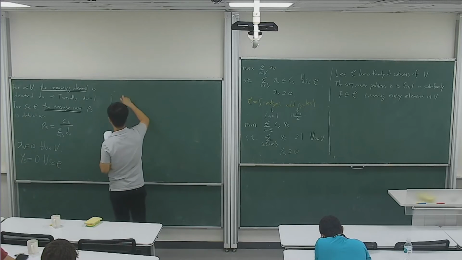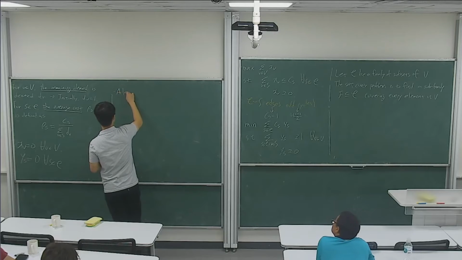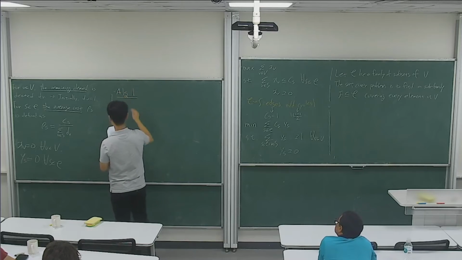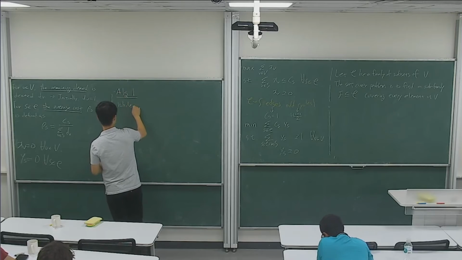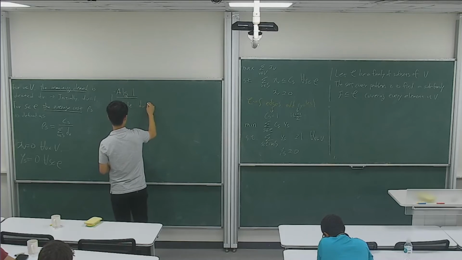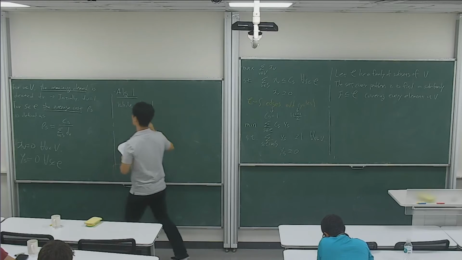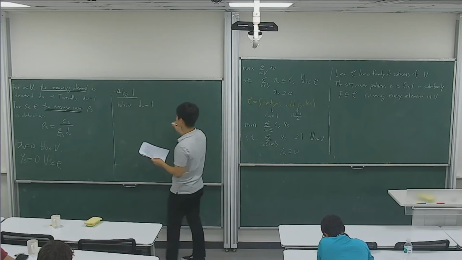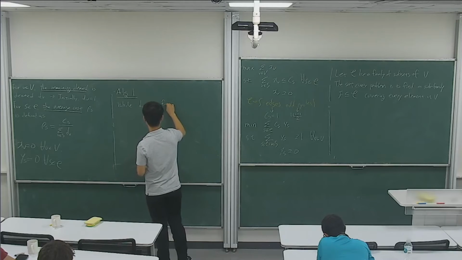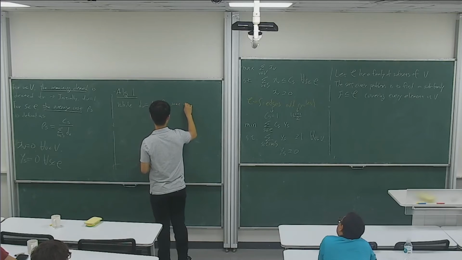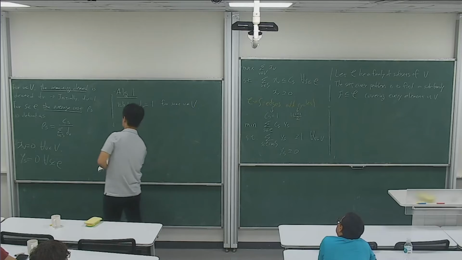Okay, so the algorithm is: while there's a vertex with demand 1, you do the following steps.